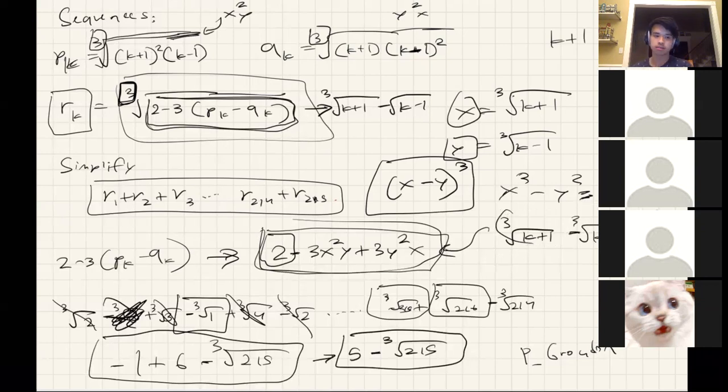And ultimately, because of how the problem was contrived, we were able to magically get this cube root to disappear. And then we were able to simplify the rest of the sum through telescoping. So once again, this is an example of a telescoping sum that doesn't really telescope in the usual way. We still have a lot of terms that cancel out, but it doesn't cancel out in the f_i minus f_(i+1) way that you might be a little bit more used to.